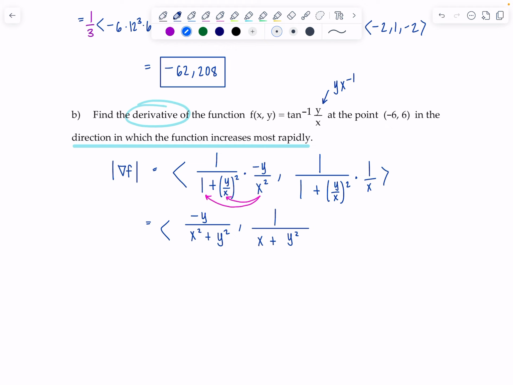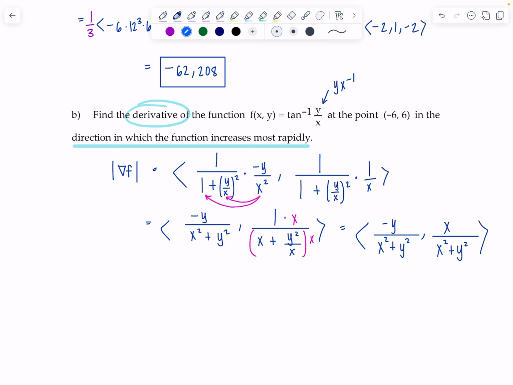Over x squared, and then an x will cancel. So let us come through and multiply by another x, because we don't want that expression to have another fraction in its denominator. So negative y over x squared plus y squared. And then this is going to be x over x squared plus y squared. Look at that. Love it.